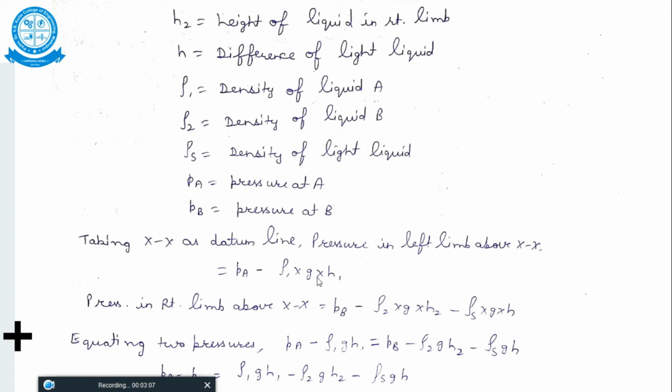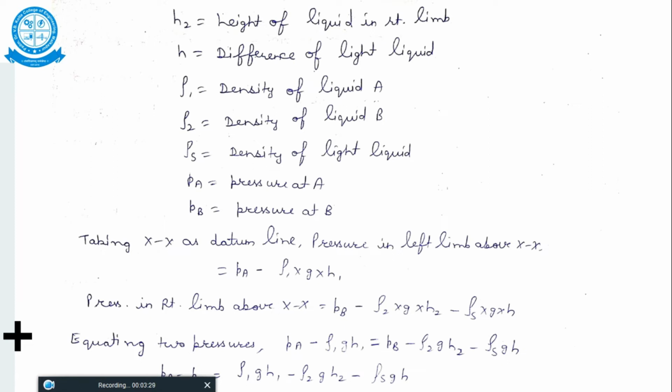Similarly, calculate the equation for the right limb here. So PB minus rho2 g H2 minus rho S g H. Now here rho S will be the density of the light liquid available in the U-tube manometer, g is the acceleration due to gravity, and H will be the difference of height in the U-tube manometer.